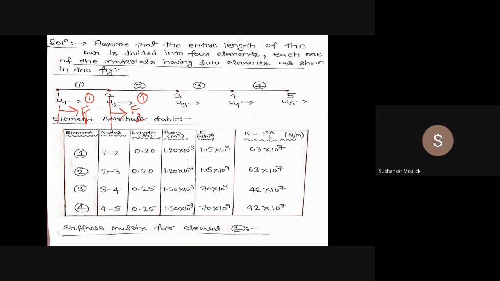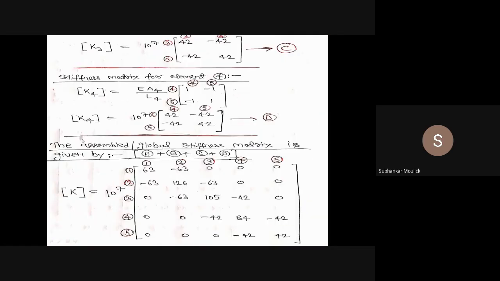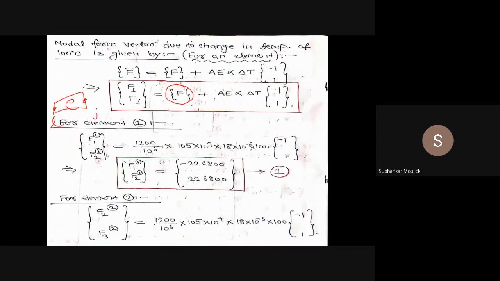Fine. So if I consider element number 1, how can I write? For element number 1, the nodal force vector is F1 of 1, meaning force at node 1 for element 1, and force at node 2 for element 1, equal to this particular expression.